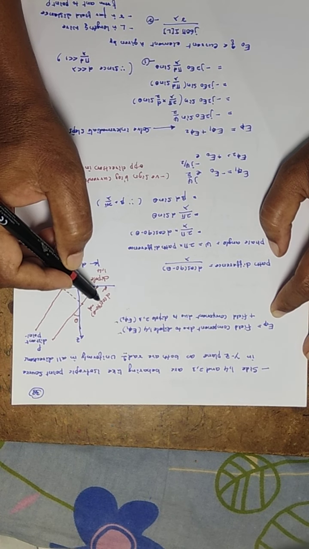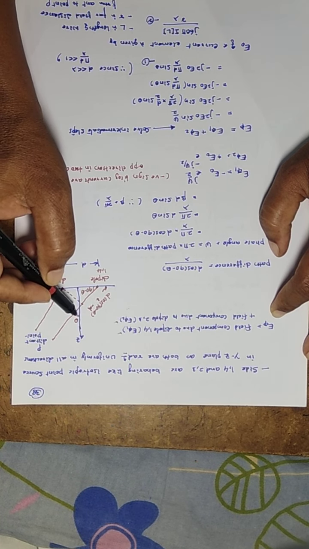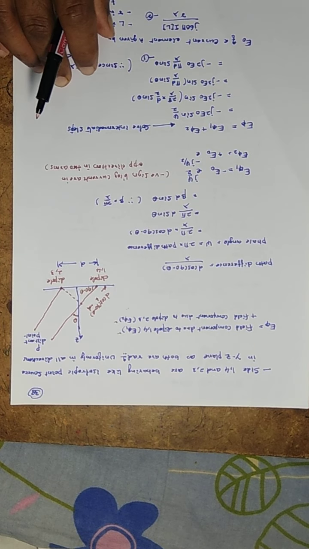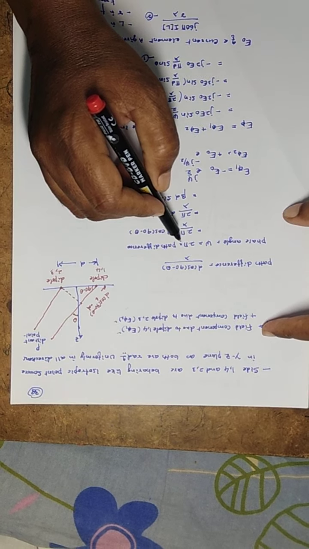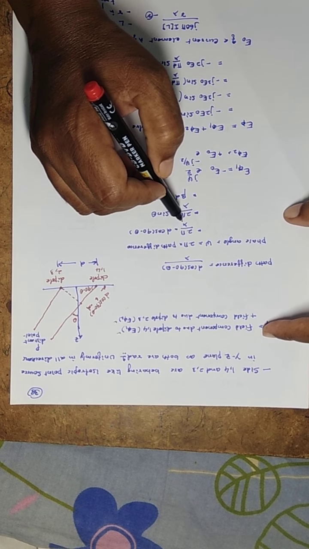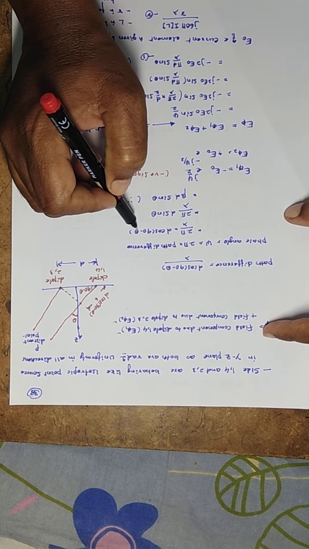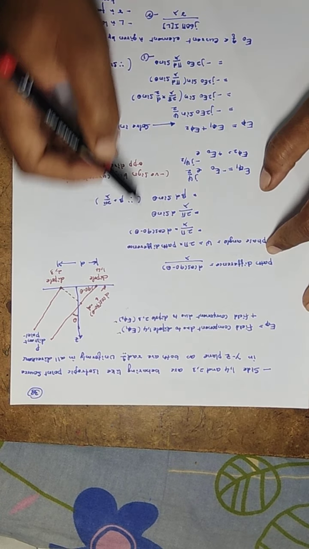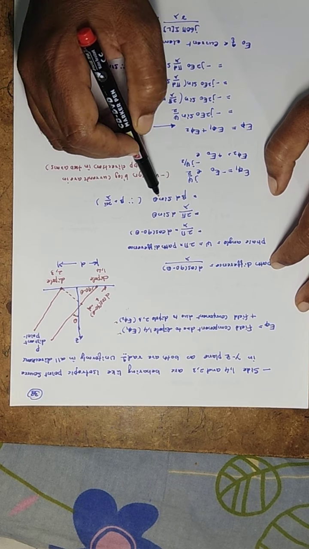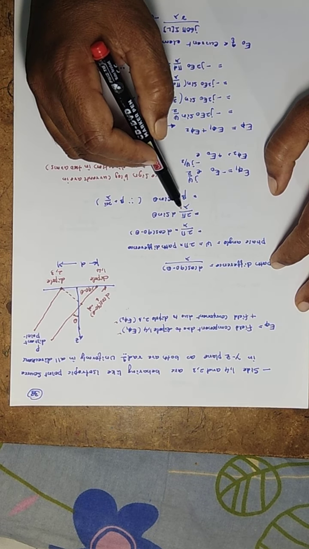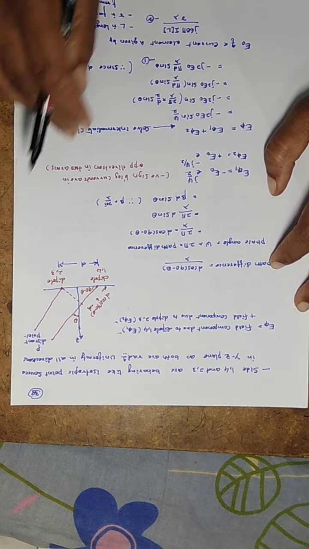It is given by D cos(90 minus theta), because theta is measured with respect to the Z axis. Then what is the phase angle? Phase angle is given by 2 pi into path difference, 2 pi by lambda into D cos(90 minus theta), or 2 pi by lambda D sin theta, or beta into D sin theta, because 2 pi by lambda we call beta.